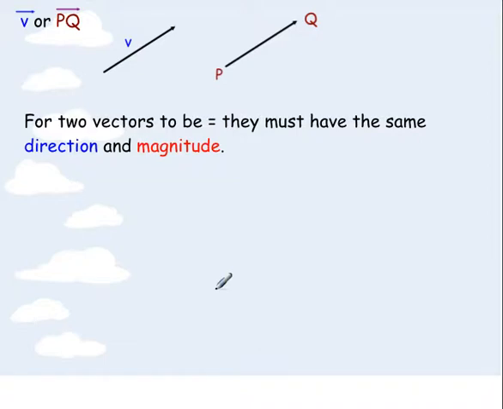When you're naming vectors, you can name a vector just vector v, for example, or you can give it its name with its initial point and its terminal point. So this would have to be named vector PQ.